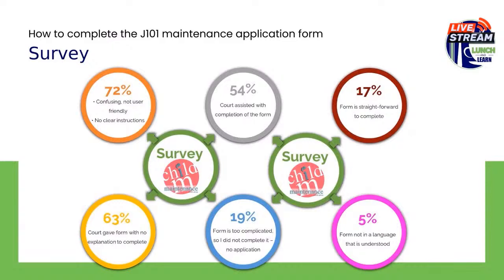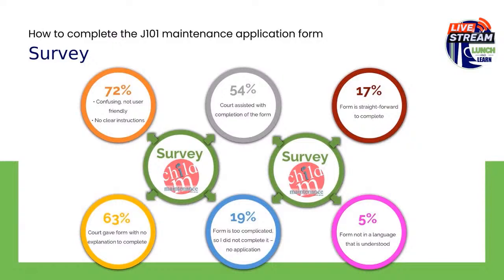That is the first response. You have to fill in that form in order to start the process of claiming maintenance. I also have a problem with the wording of claiming maintenance or application for maintenance. I don't see it as an application for maintenance. It should rather read a request for the court's involvement to enforce the common law duty of support by the father.